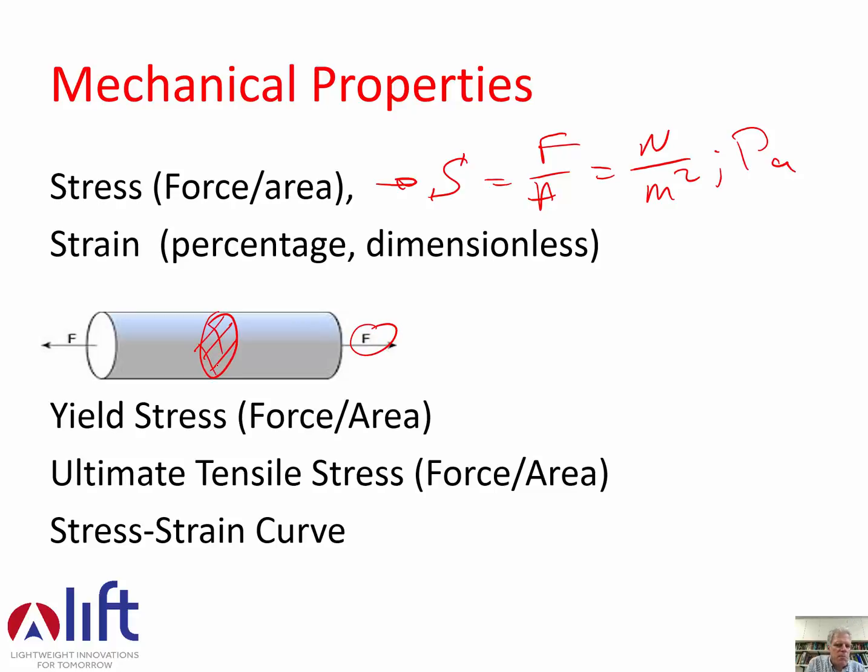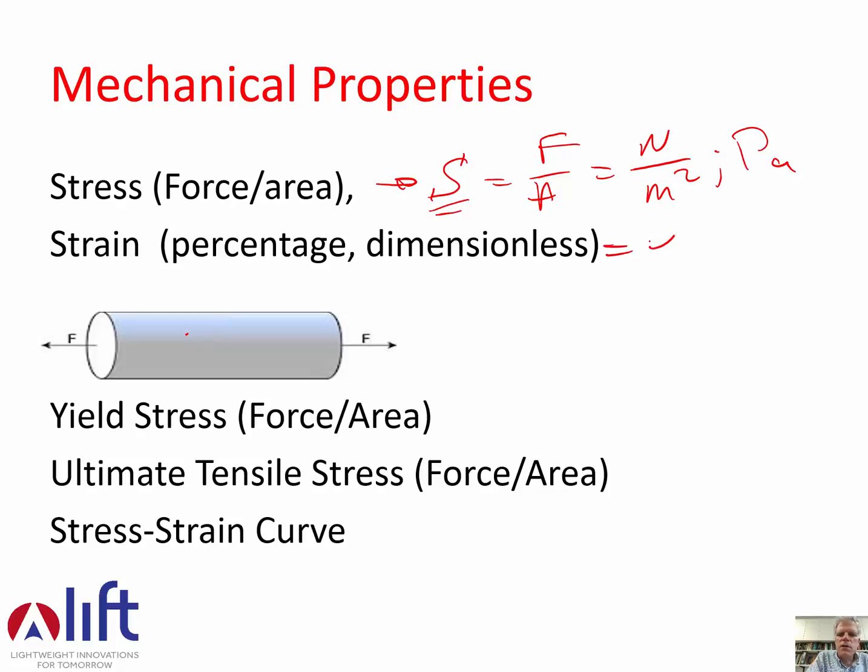And it turns out most materials will break, for example, at the same stress. If it's twice the cross section, it'll also have about twice the failure force that's required. If you take that material and stretch it, we have a measure of the amount of stretch, and that's called strain.